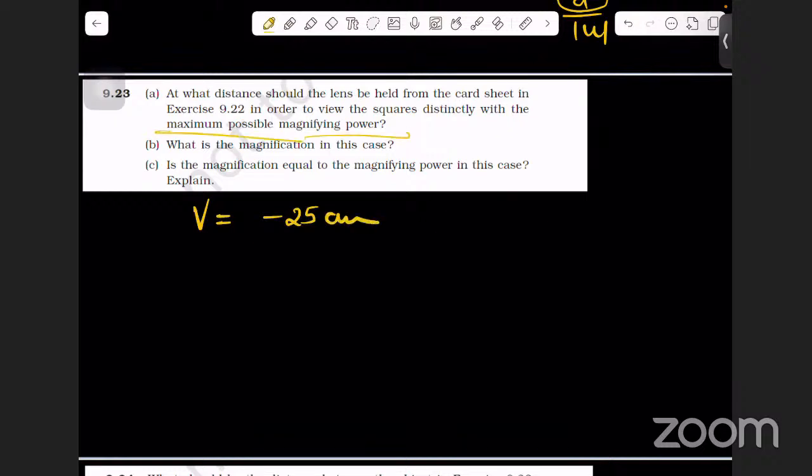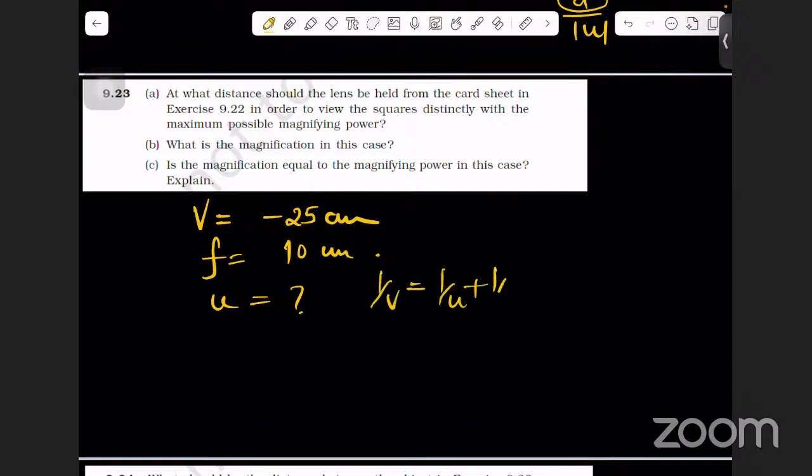Maximum possible magnifying power of the human eye occurs at the point of nearest vision. And you have f given as 10 centimeters. Again, it's asking u, right? 1 by v equals 1 by u plus 1 by f. From that, you will get your u as minus 7.14 centimeters.